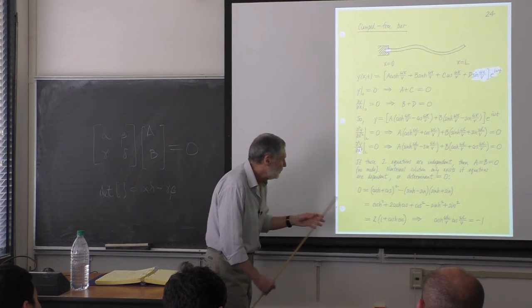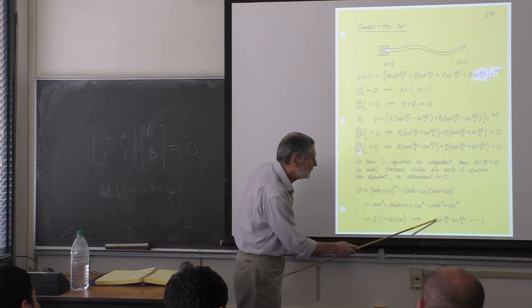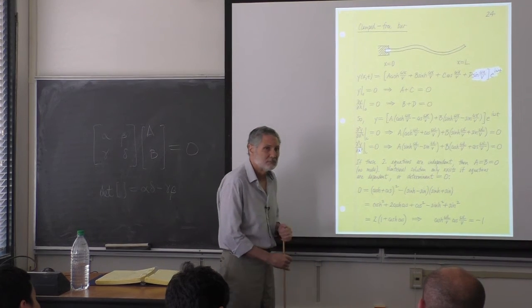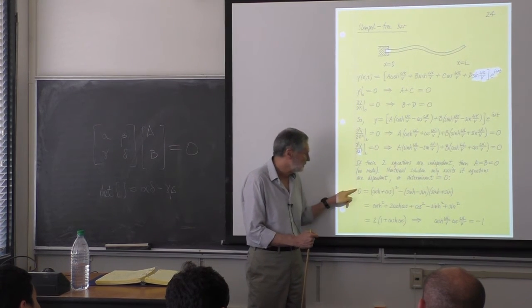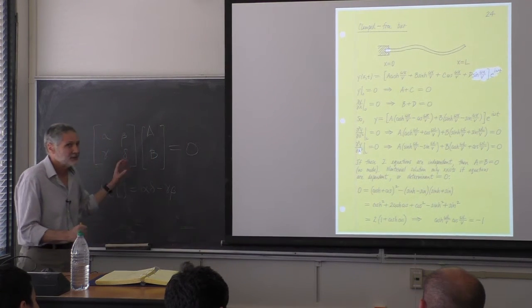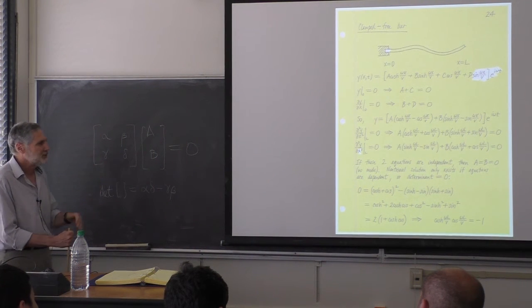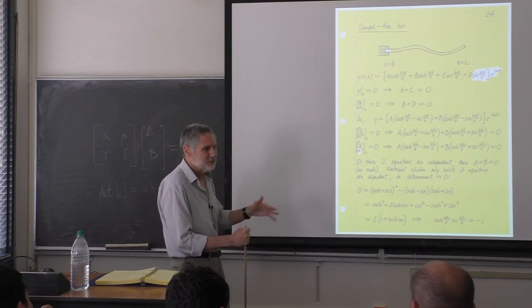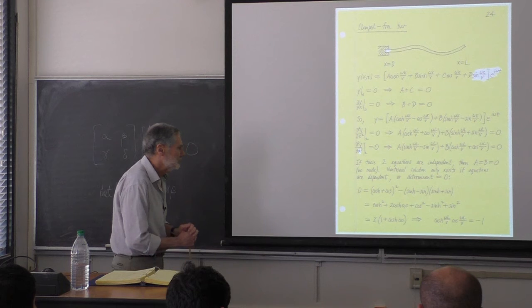The only way this is going to be true is if the hyperbolic cosine times the cosine is equal to minus 1, because this has to zero out. We have to have 0 determinant. So this is the standard thing to do, and it's much easier than thinking about dependent equations.